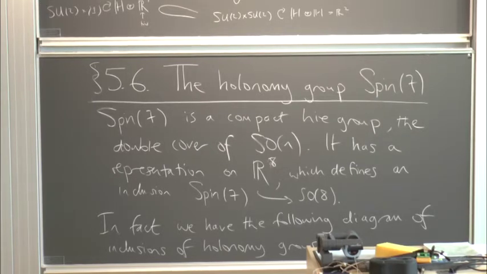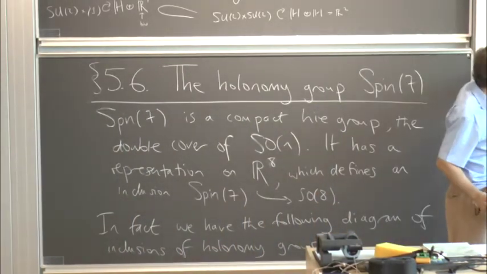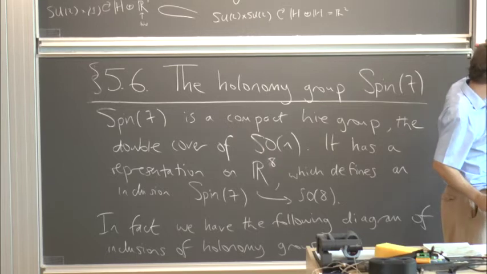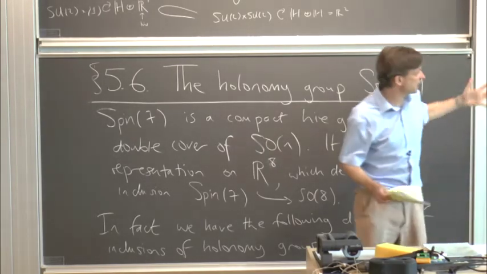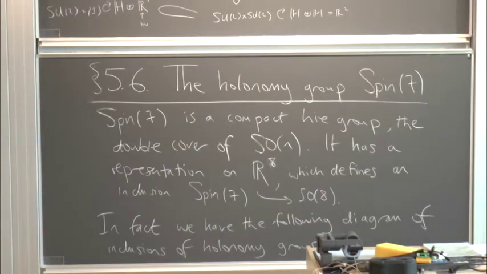Okay, so this 4-form is a special 4-form, as we'll see. It's not generic, and most 4-forms would have rather smaller stabilizer groups than that. It's kind of a 4-form which is most symmetric, really.